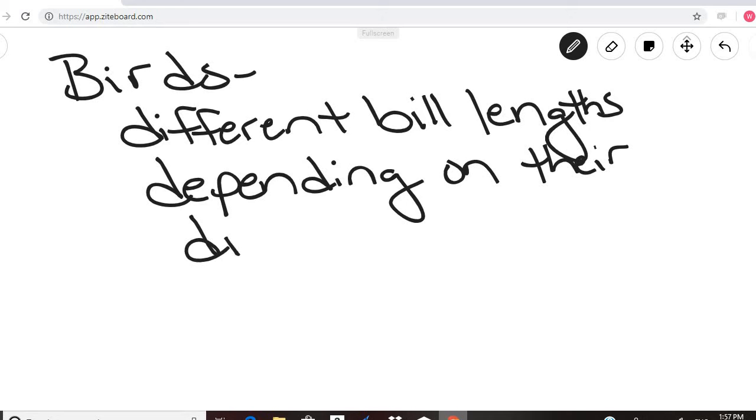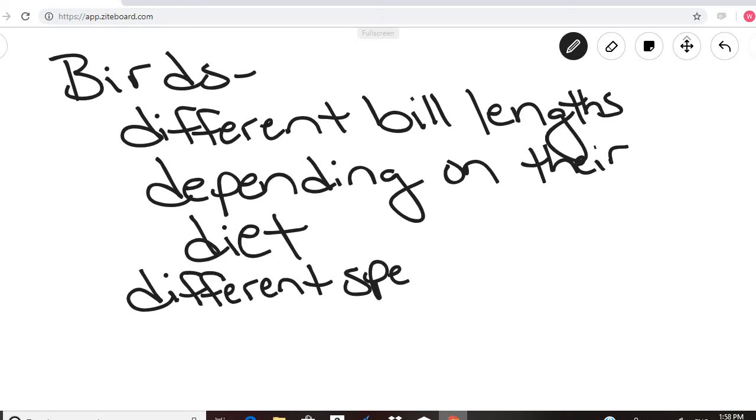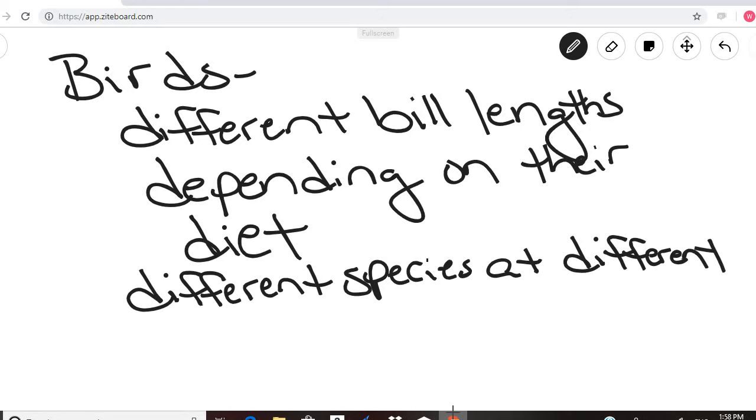So if you have a mud flat and you have organisms burrowed in here, they'll bury themselves at different depths, and you'll have different species at different depths. So the birds have a beak length that is suitable to the species that they eat.